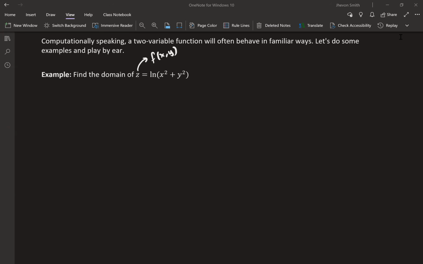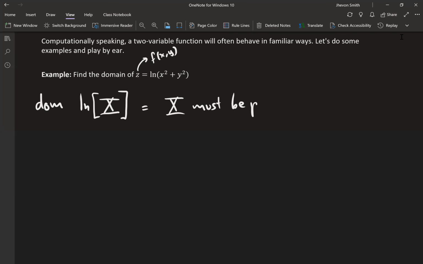If I were to ask you, what is the domain of ln of something, what would have to be true about that something? It's not greater than or equal to 1? No. It has to be positive, right? Meaning it must be positive, which means it cannot include 0.